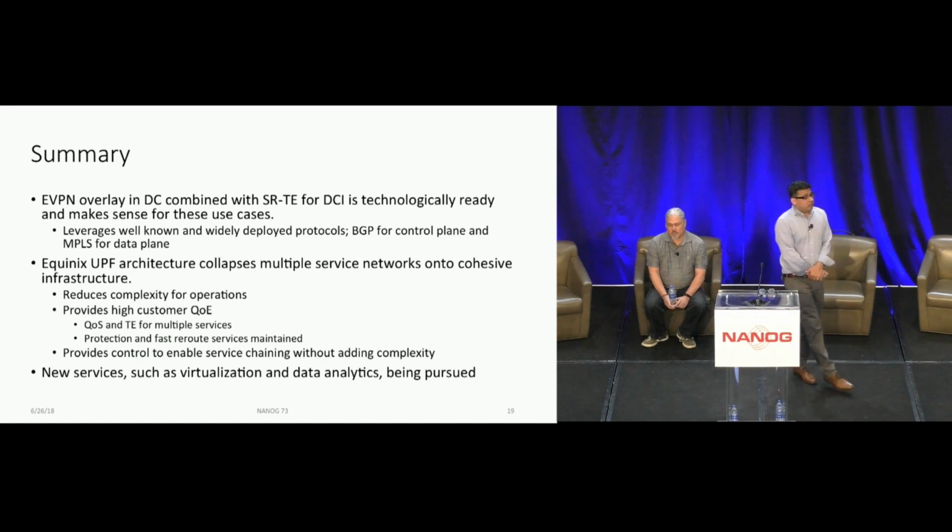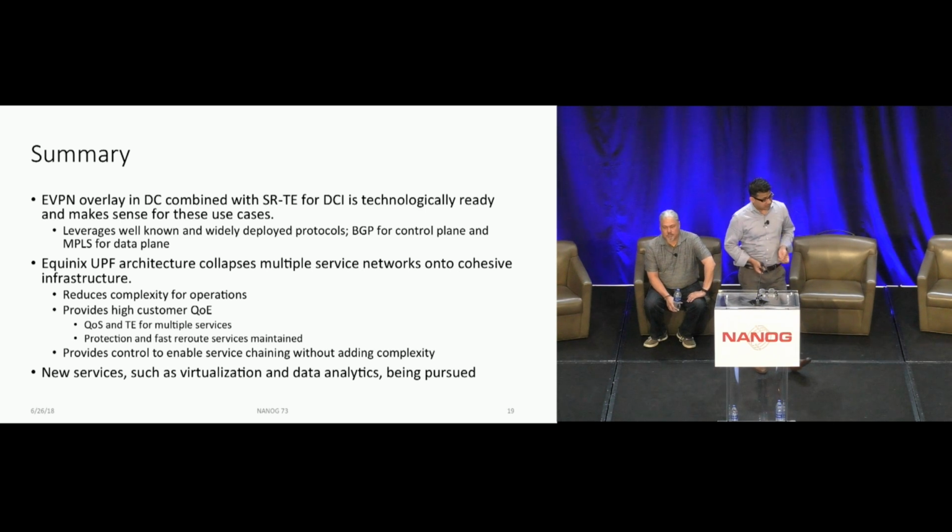So in summary, EVPN overlay in a DC combined with SRTE for DCI is technologically ready. All you need to do is put your faith in it and test based on your use cases. We engaged with vendors 2 years ago and drove them to what we want. Drafts are getting written. You have to make sure you put your feedback in and influence how they're implementing these protocols.